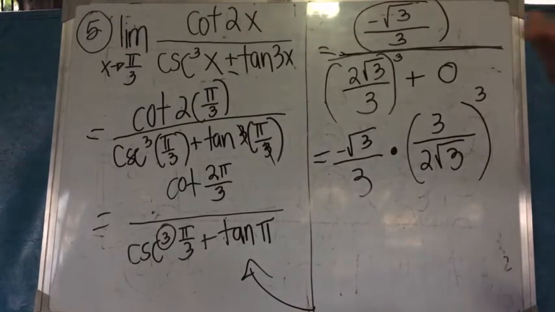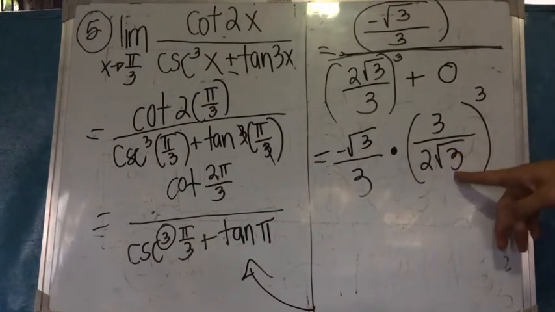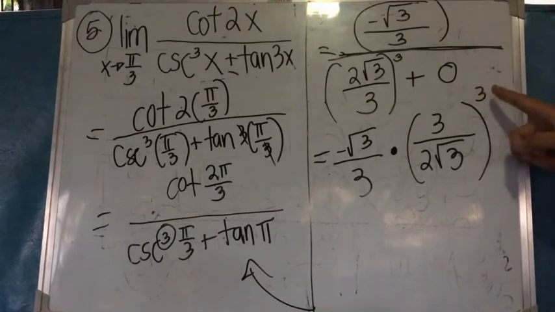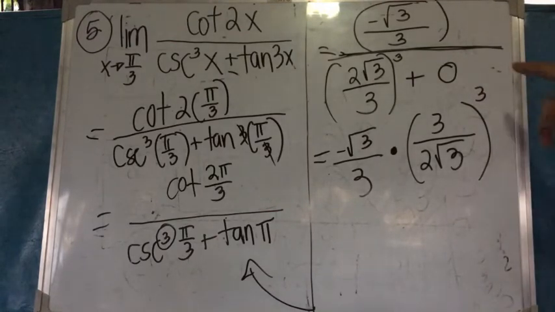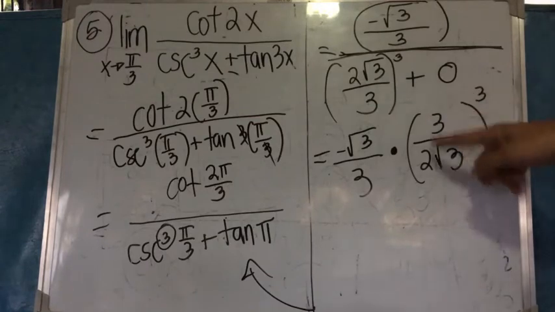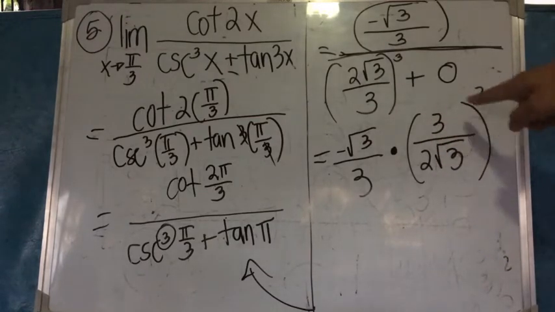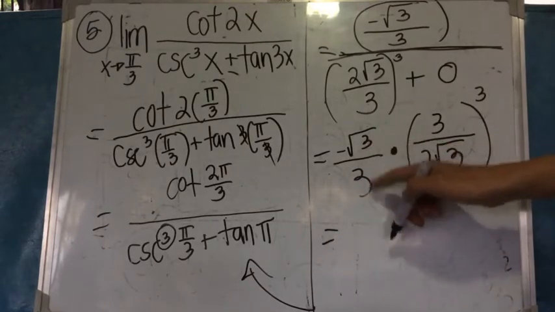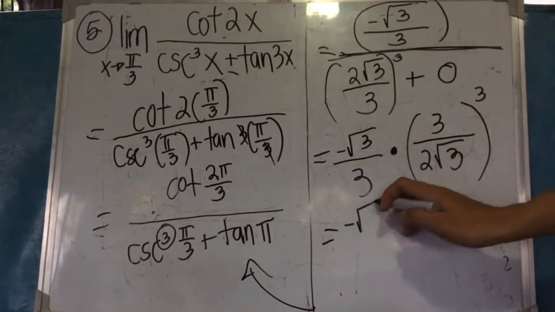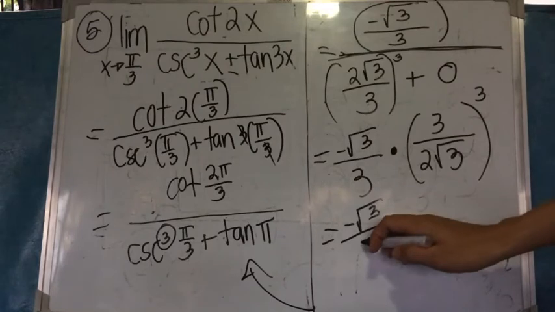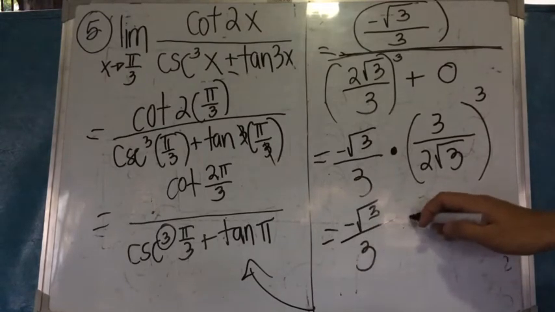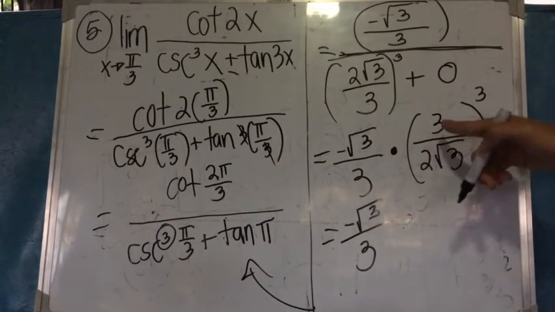Afterwards you follow the rules of fractions. But before that, look at this one. This one is under the power of 3. Before you proceed, you have to get the simplified version of this part. So first you copy this: square root of 3 over 3, times 3 cube.